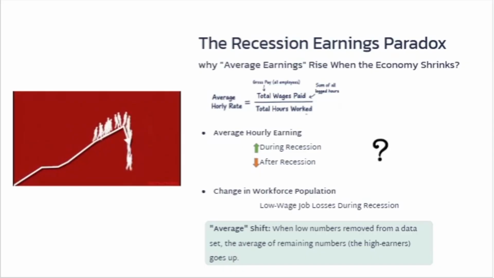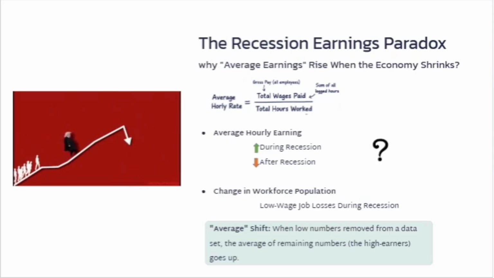So when the recession happens, the companies lay off low-earning employees, and you have data coming from those left in the company who are earning more, and that's how your average looks bigger during the recession.